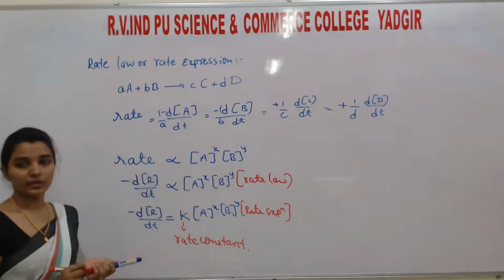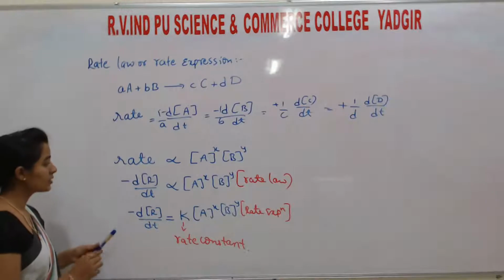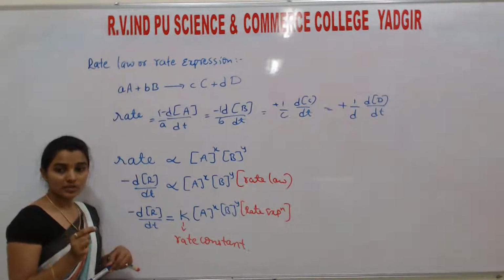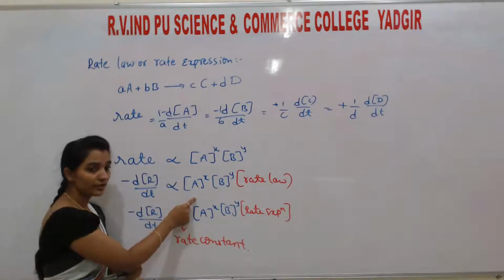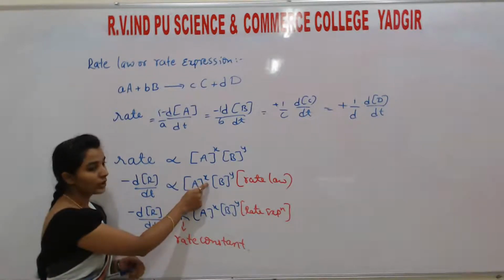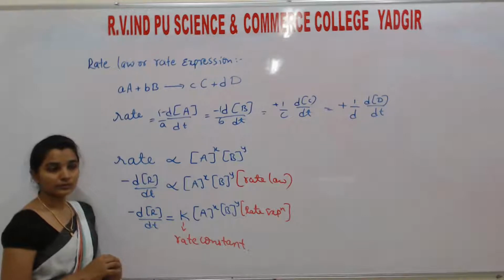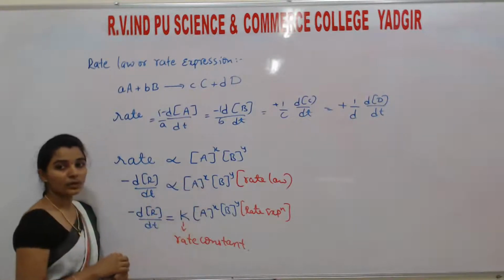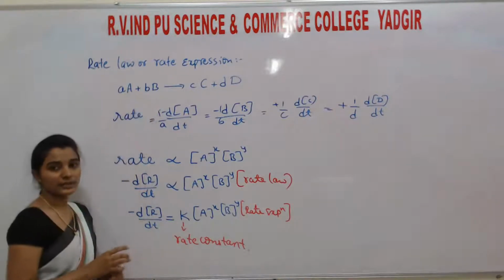k is the rate constant. So what is the definition here, students? What does rate law mean? It is the representation of the concentration of the reactants raised to some powers. These powers may or may not be equal to the coefficients. Understand?